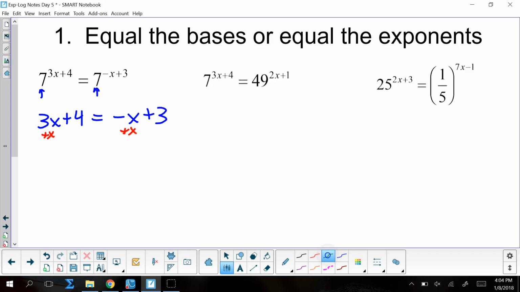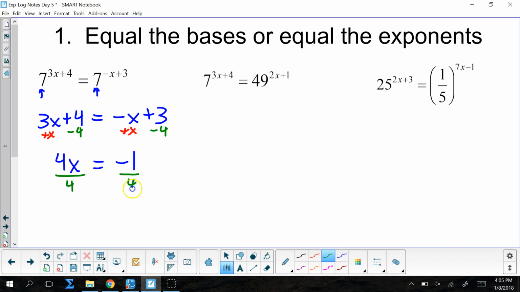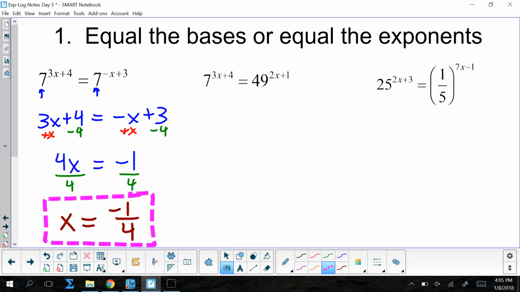At the same time, I can subtract 4. So then I get 4x equals negative 1. Then I can divide both sides by 4. And I get here that x is equal to negative 1/4. Okay? So that then gives me what this is supposed to be.